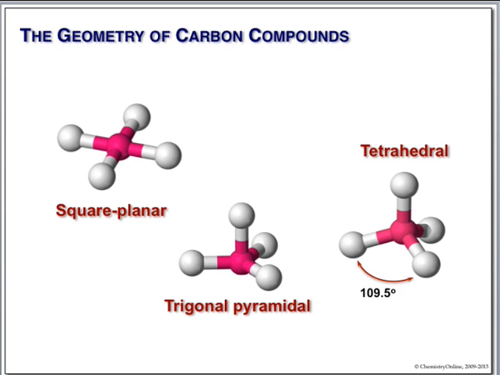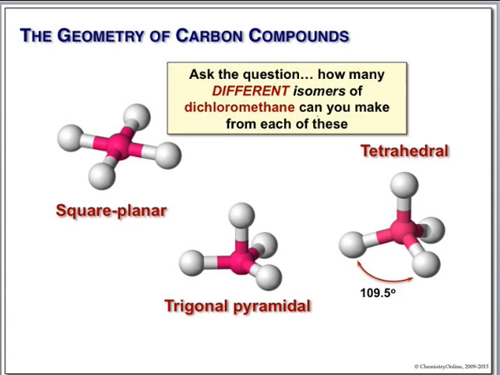The way that they did this, way, way back, was they simply asked how many different isomers of something like dichloromethane could you form from each of these structural geometries.